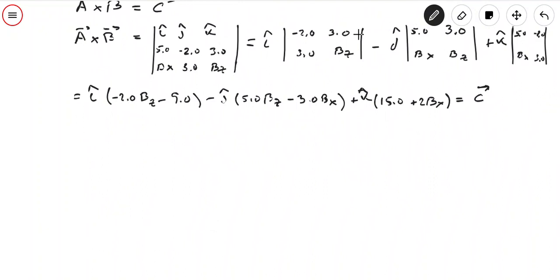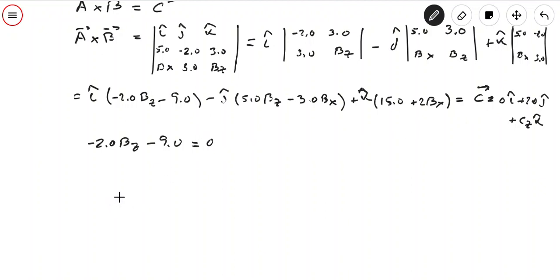So we can say now here that this vector C is 0i plus 2.0j plus Cz k. Now making the i components equal, we can say that negative 2.0 Bz minus 9.0 is equal to 0.